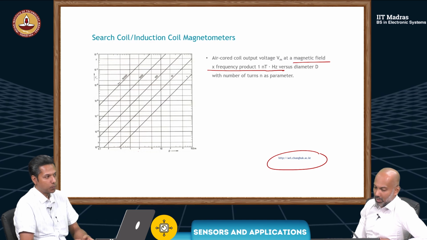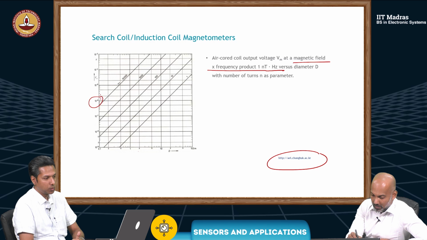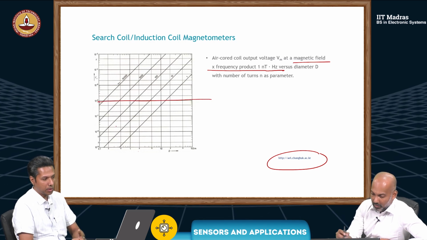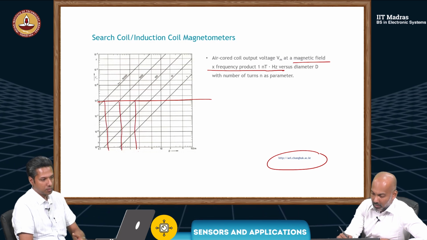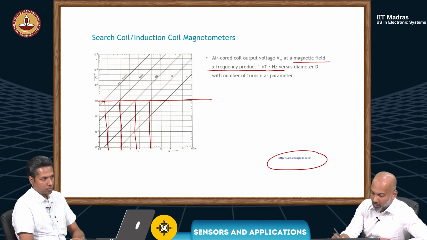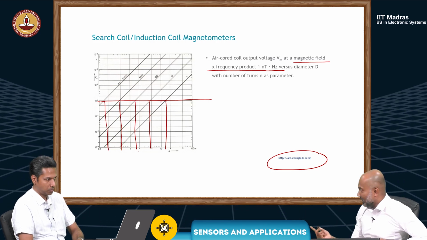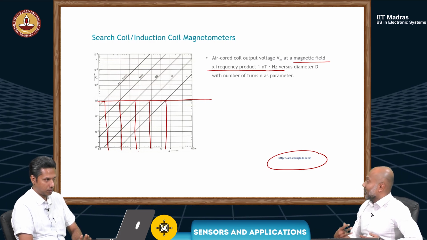So let's say you want a certain output, and based on that, you can draw a graph here and see what kind of diameters we're working with. But for that, as you said, you also need to know what kind of magnetic field we are measuring.